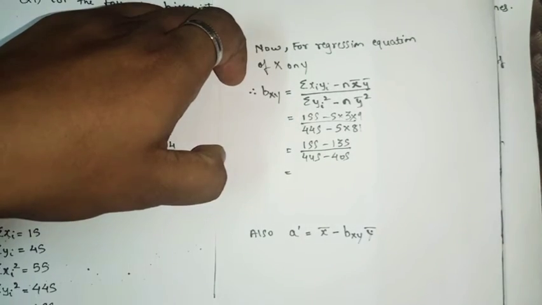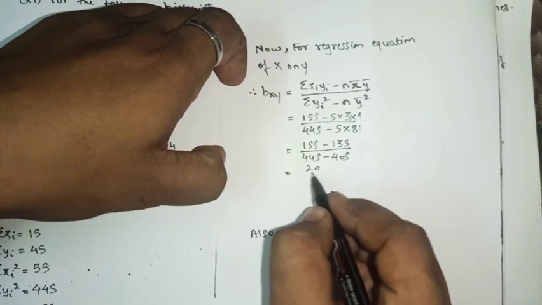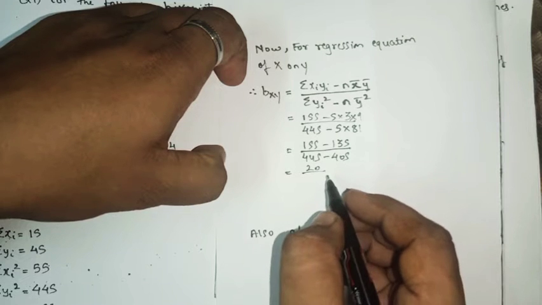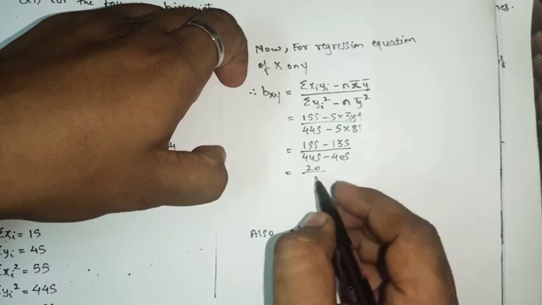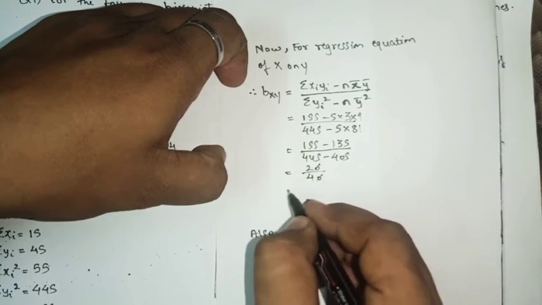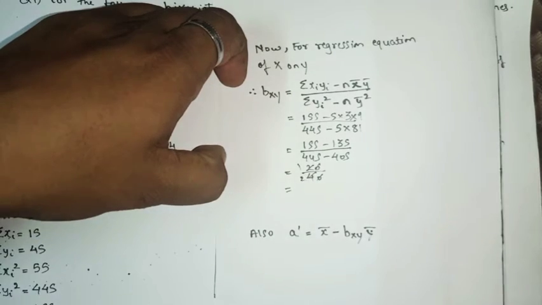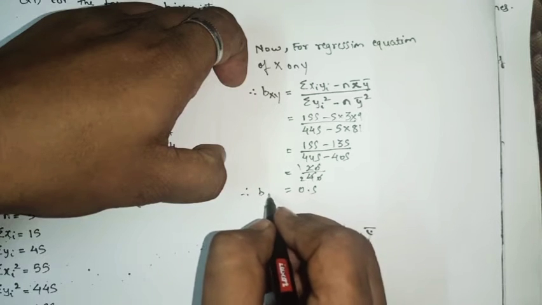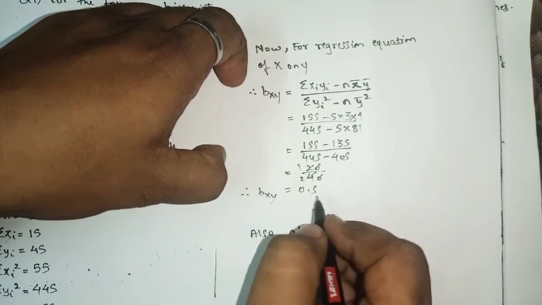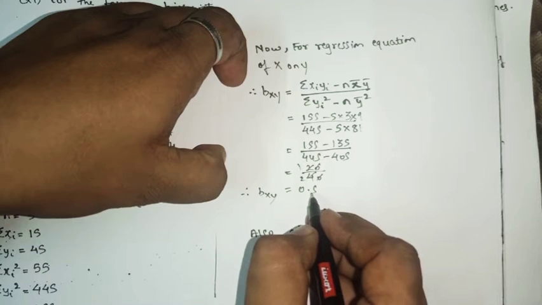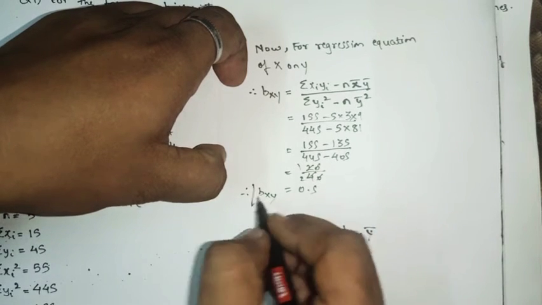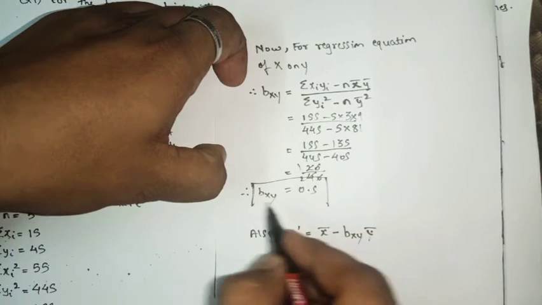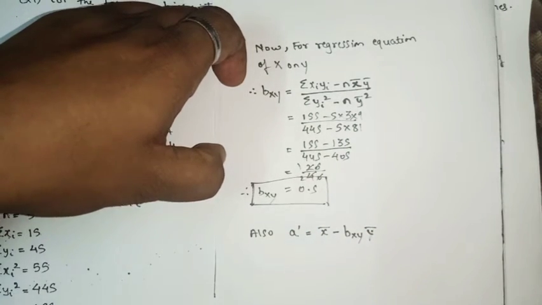So 155 minus 135, you will get 20, and 445 minus 405 is 40. 0 0 cancel, 2 ones are 2, 2 twos are 4, so 1 by 2 means what? 0.5. So here also we are getting the direct value, that is 0.5. Okay, one decimal place only. So here we got b_xy is 0.5.